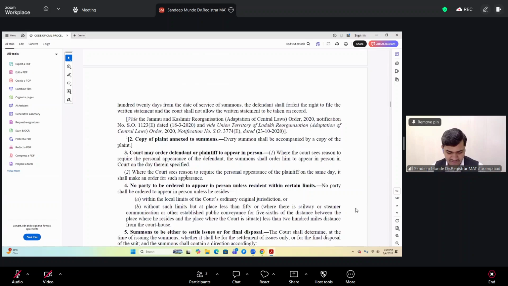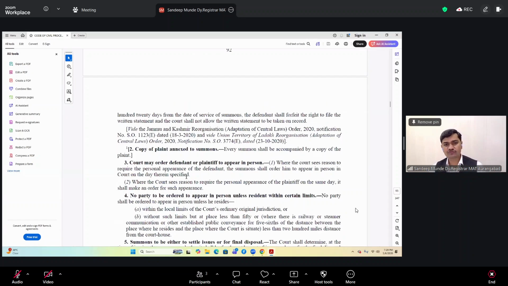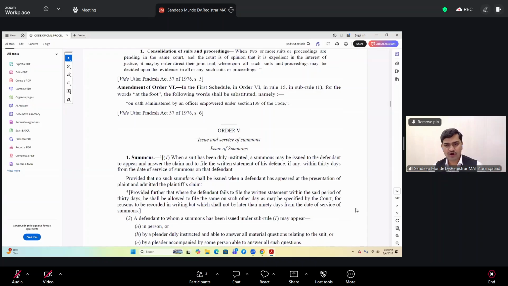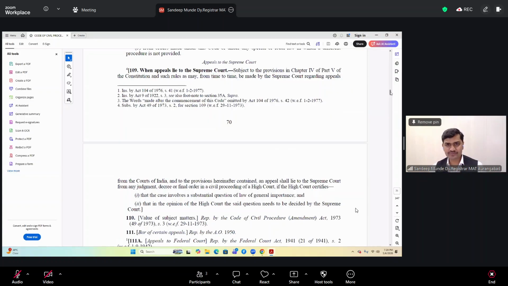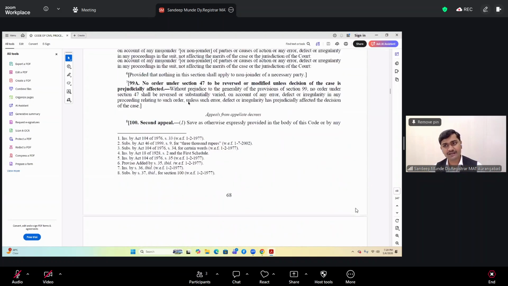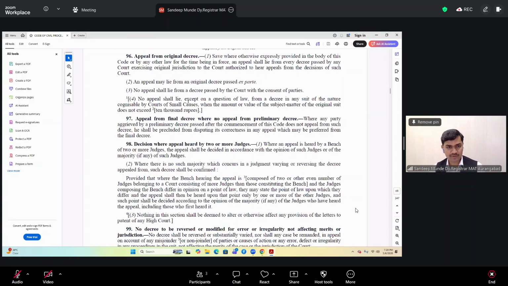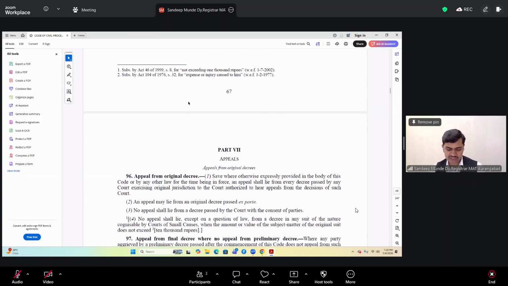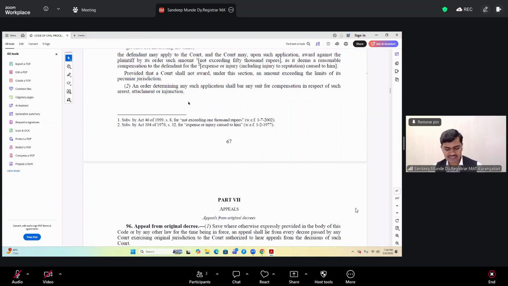Section 89 reads: settlement of disputes outside the court. As we have already discussed at the time of Order 10, examination of the parties, the court will ask the parties to opt for any of the modes available under Section 89: arbitration, conciliation, judicial settlement, including settlement through Lok Adalat, or mediation.